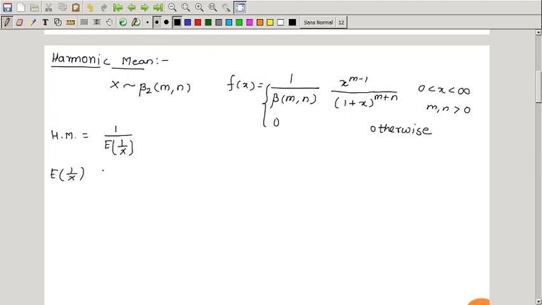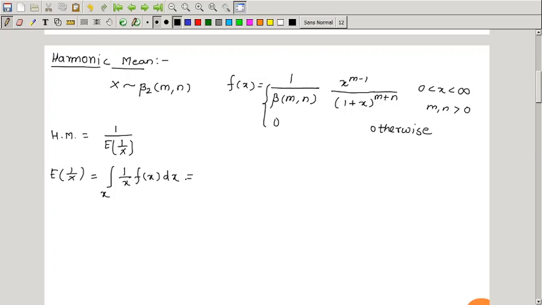So the expected value of 1/X, by the definition of expectation, is the integration over x, since X is a continuous random variable, of 1/x times f(x) dx.